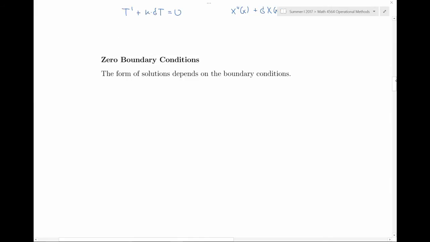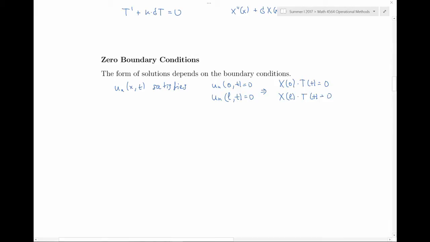So first, let's consider the case when we have 0 boundary conditions. What does it mean for each function u sub n? Well, if u sub n of x, t satisfies that u sub n at 0, t equals 0 and u sub n at L, t equals 0, that would mean that X of 0 times T of t should be always 0, and X of L times T of t should be 0.